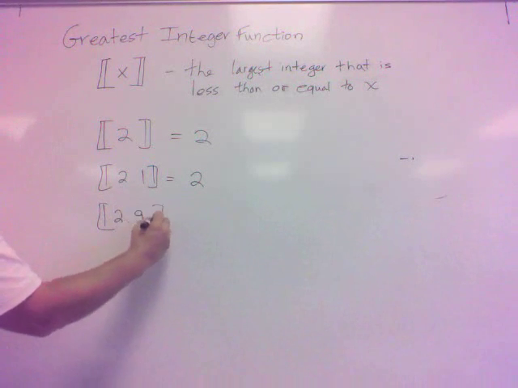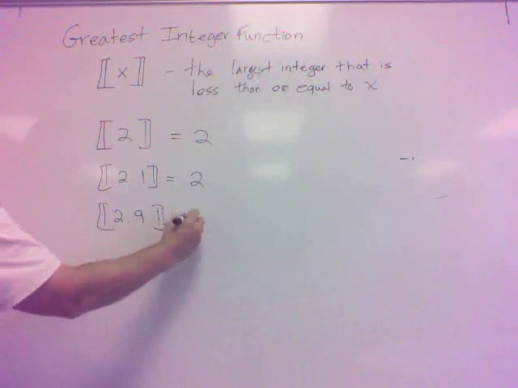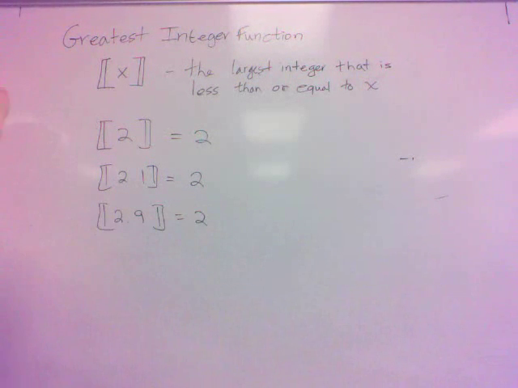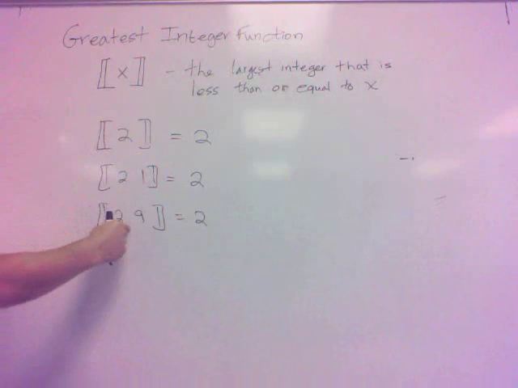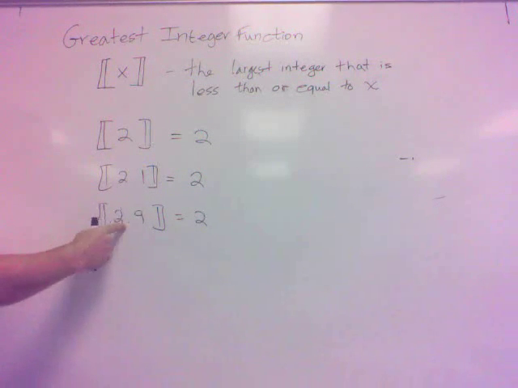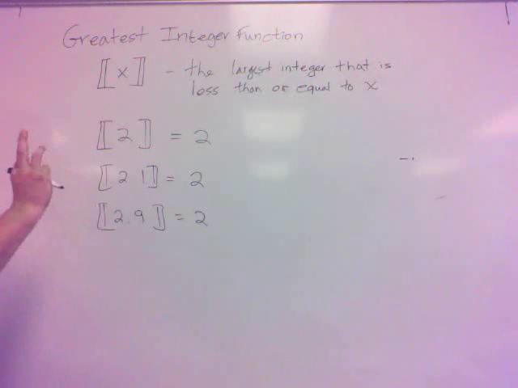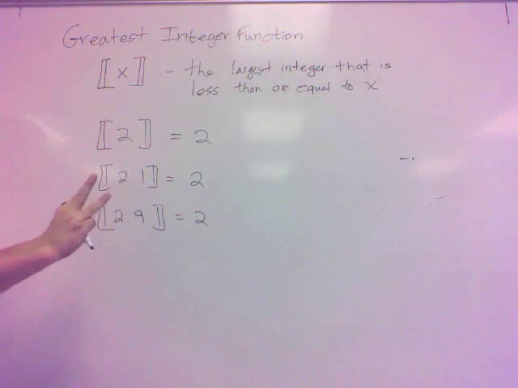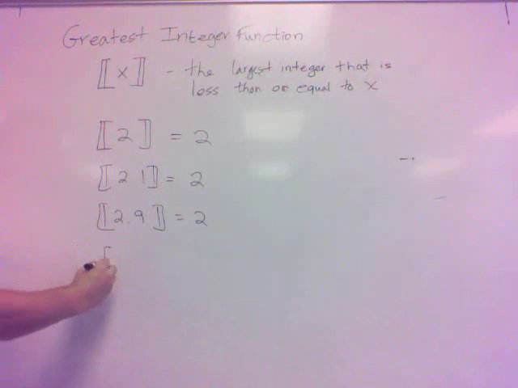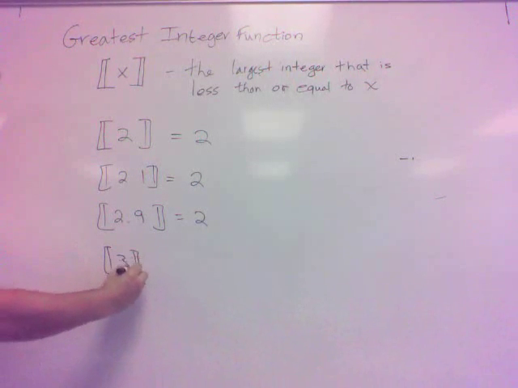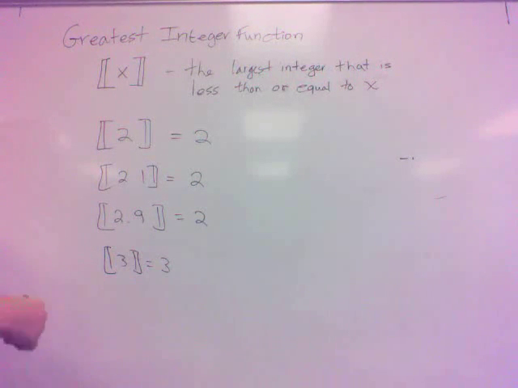Even at 2.9 the greatest integer is still 2, because the integer I get has to be less than or equal to it. So I don't change to 3 until I get to 3. The greatest integer of 3 is 3, and 3.1 is 3, and so forth. Okay? So that's the greatest integer.